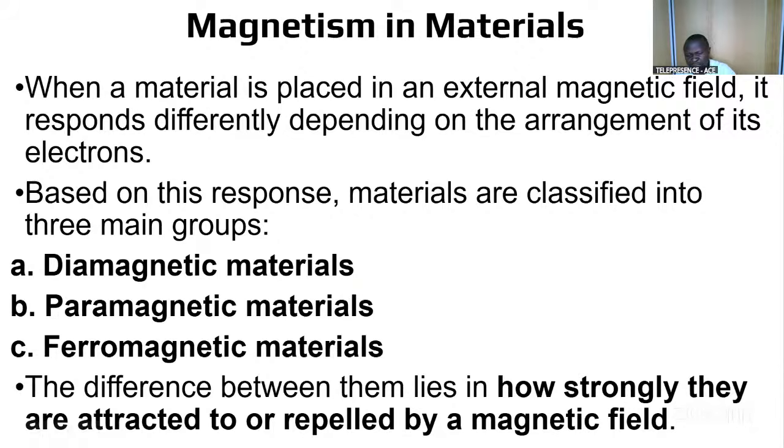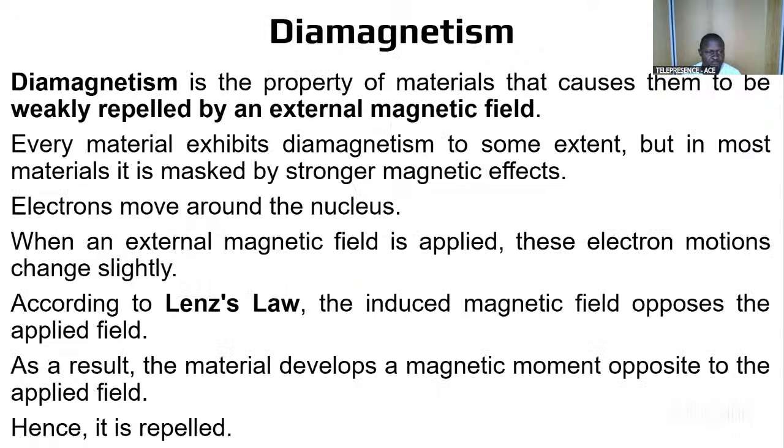The difference between them lies in how strongly they are attracted to, or repelled by, a magnetic field. Some are weakly attracted, some are weakly repelled, and some are strongly attracted. Let's start with the first one, diamagnetic material.